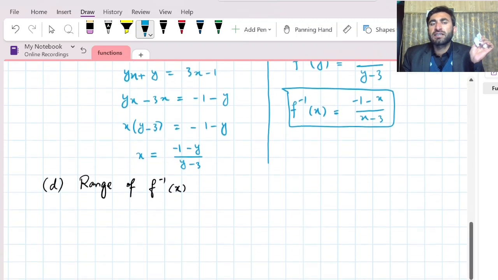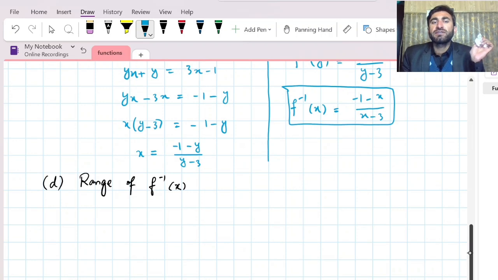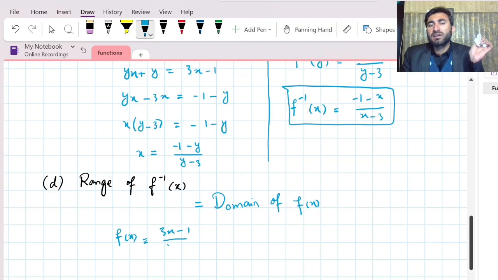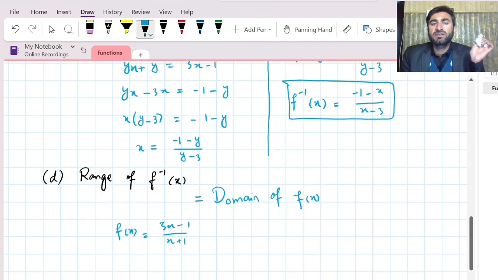Now here comes the last part where he said find the range of the function f inverse of x, and we know the range of f inverse basically equals the domain of f of x. So in order to find the domain of f of x, let's write f of x, it was 3x minus 1 divided by x plus 1, and we can see that that is a fractional function, right?